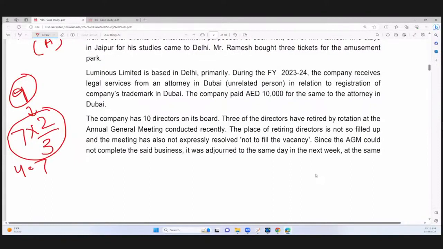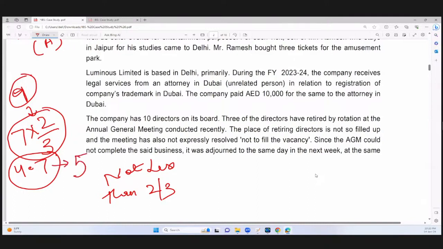But what the section says is not less than 2/3. So हमारा 4.7 से कम नहीं होना चाहिए. It should not be less than 4.7. So we will increase this figure to 5. क्योंकि 4.7 को नंबर ऑफ डायरेक्टर्स को हम कैसे कैलकुलेट करेंगे? सो हमारे आउट ऑफ 7 in the annual general meeting, 5 directors will be liable to retire by rotation.